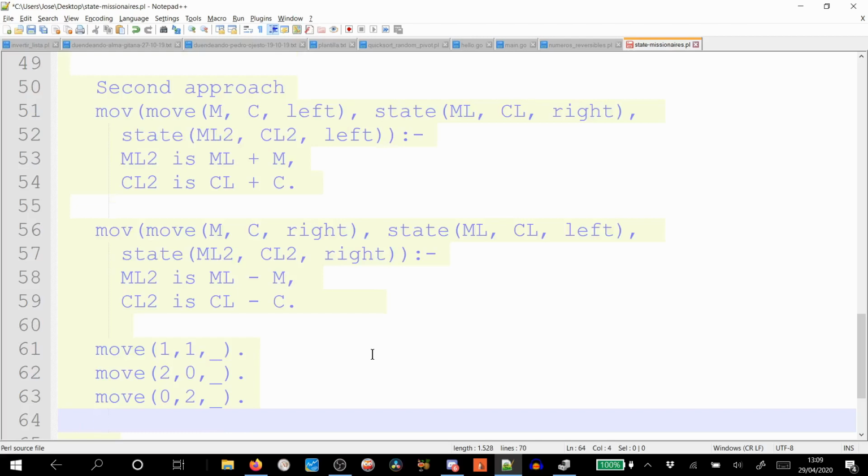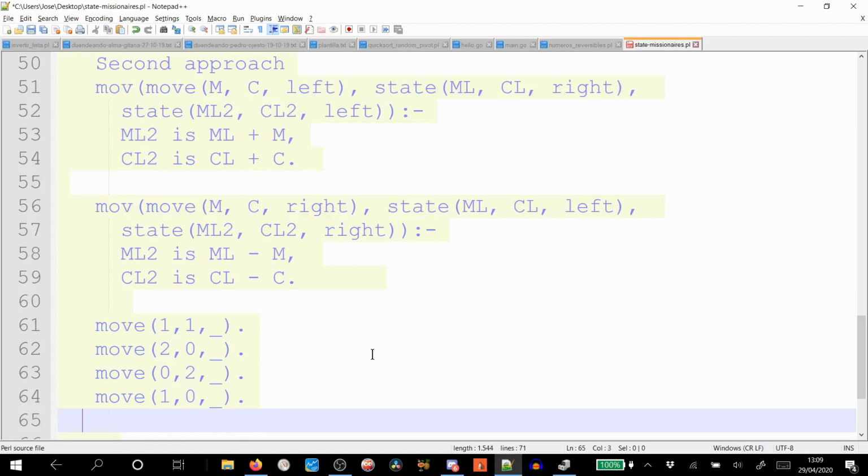It's okay. It's possible. It's not possible to go with the boat empty, but it's possible 0 1. Yeah, exactly. 0 1 is another option. And move 1 0, sorry, and 0 1. Okay, that is the possible movement.